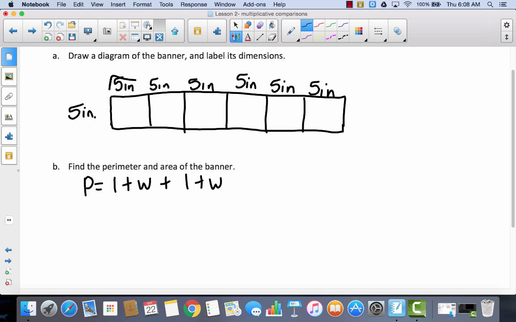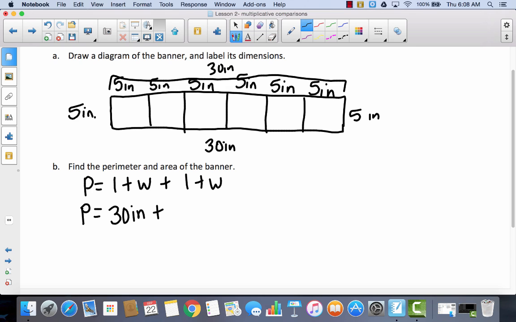So that tells me that this whole side is equal to 30 inches. So if this side's 30 inches, then this side must be 30 inches, and this side's going to be the same as the opposite over here, which is 5 inches. So I've got a perimeter of 30 inches plus 5 inches plus 30 inches plus 5 inches again.